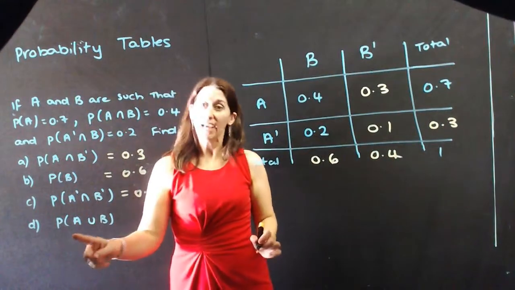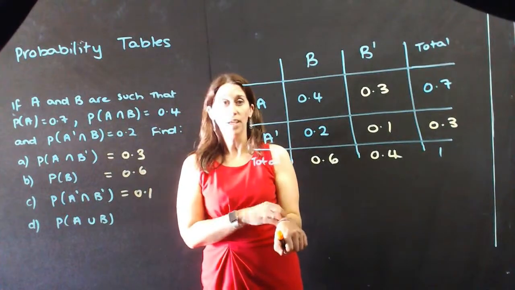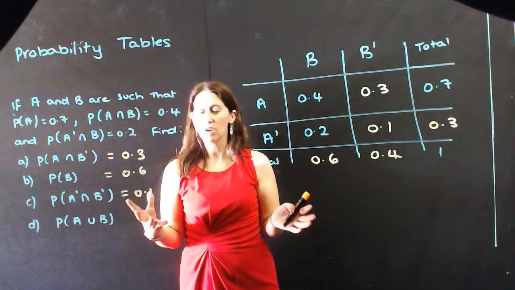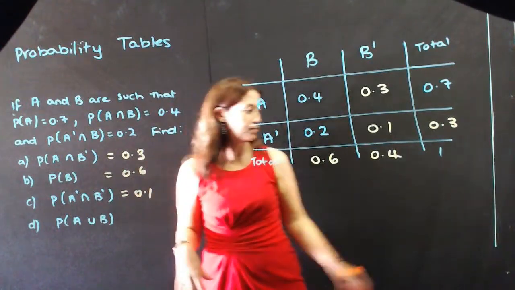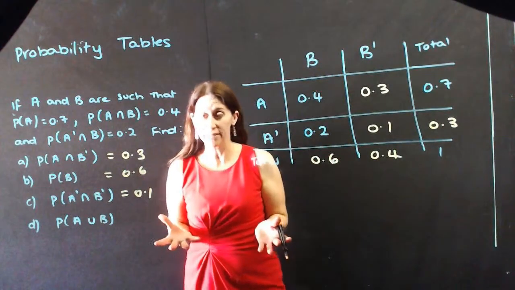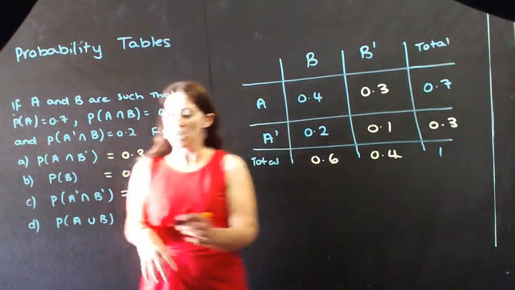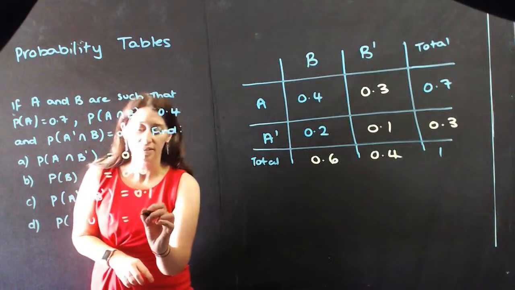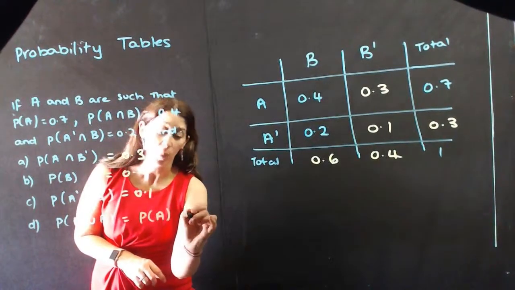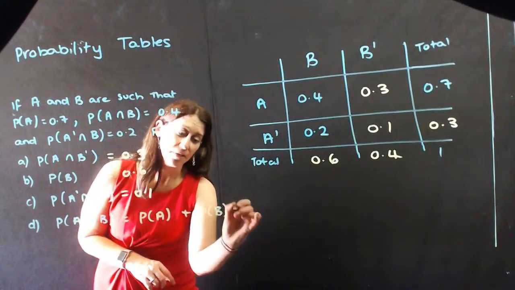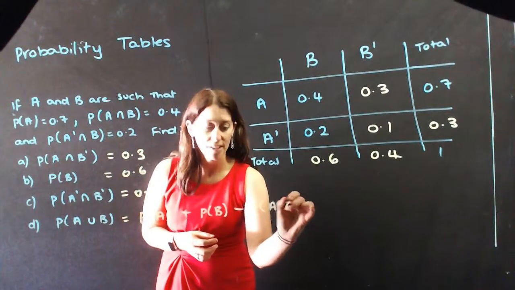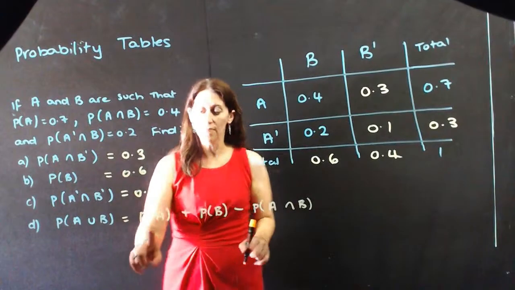And then the probability of A union B, so A or B, well, if we're looking at A or B, we need to consider the Venn diagram. So I'll just have a look at that from a couple of lessons ago, where we used the addition rule. And don't forget, the addition rule told us that when we're looking for A or B, we need to consider the probability of A plus the probability of B, and then we need to subtract that intersection, which was the probability of A intersection B. So let's have a look at that.